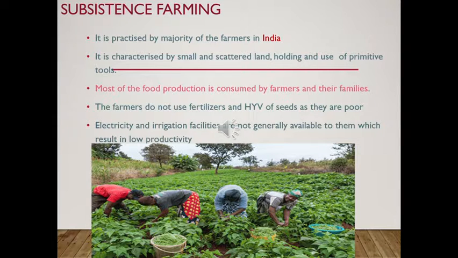Traditionally, a low level of technology and household labor are used to produce a small output. Subsistence farming can be further classified as intensive subsistence and primitive subsistence farming.